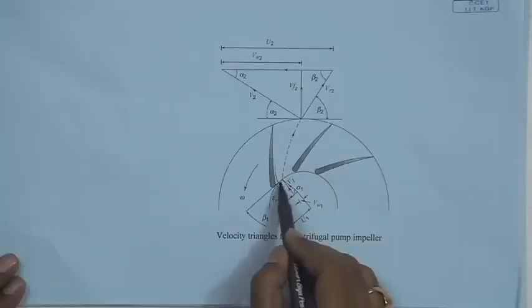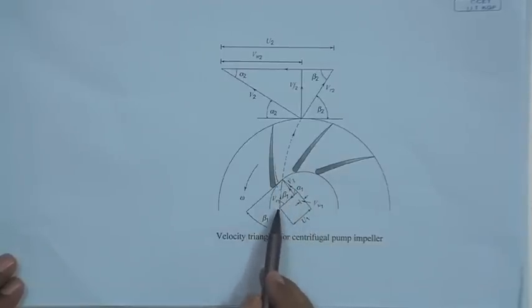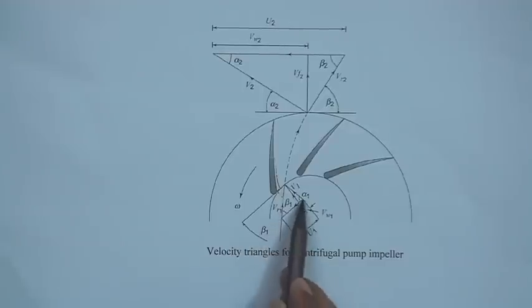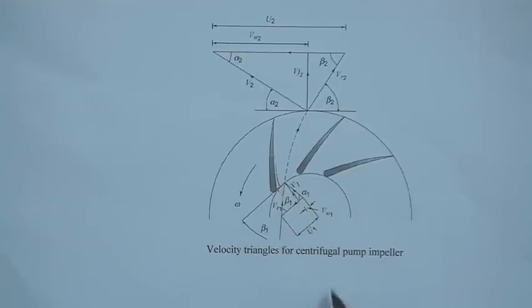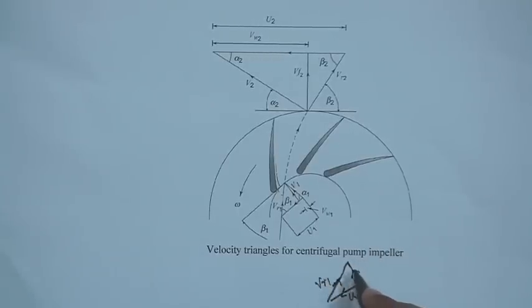Here you see the design should be such that in the inlet velocity triangle, u1 is the blade velocity, Vr1 is the relative velocity, and V1 is the absolute velocity at the inlet, which should be perpendicular to u1.